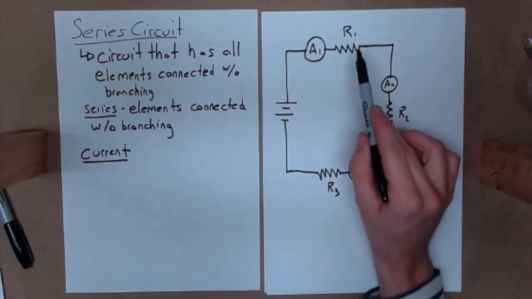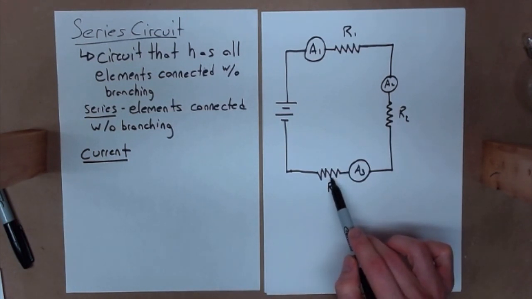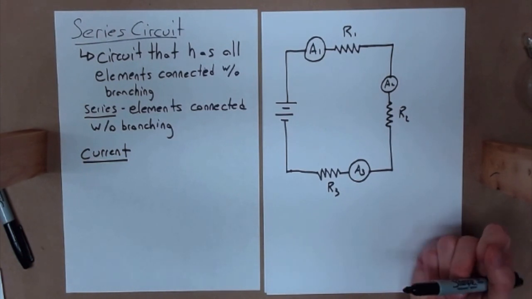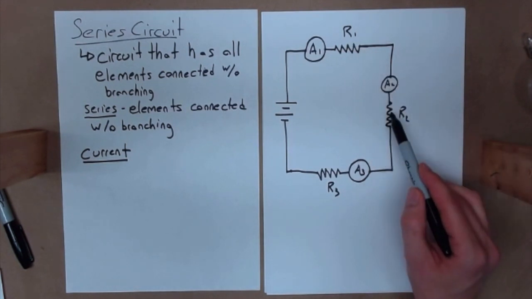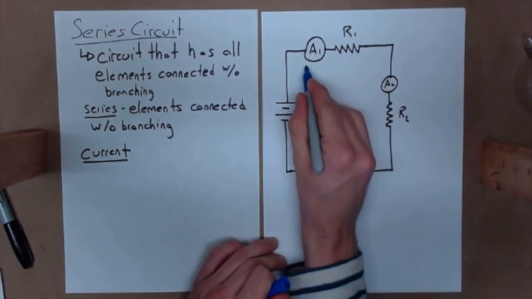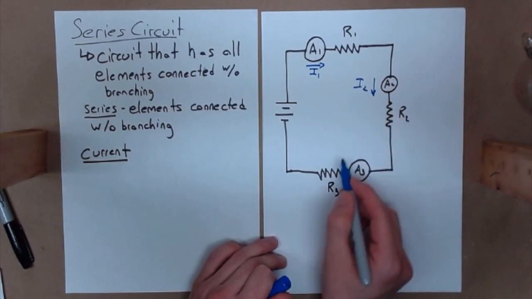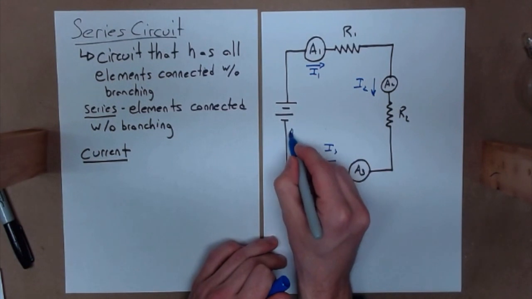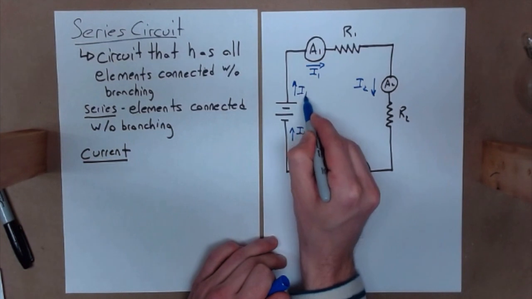So this bulb was as bright as this bulb, which was as bright as this bulb, and they're the same type of resistors, and we said that brightness pretty much corresponds with the current through the circuit, which allows us to say that the current through this equals the current through this equals the current through this, or I1 equals I2 equals I3, which must also be equal to the total current that's coming out of the battery.